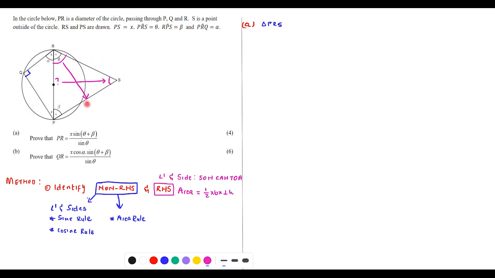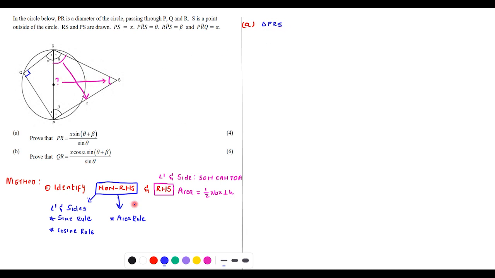And thirdly, for the second side and the angle it subtends, you must know at least one piece of information. For example, in this case, we know that R1 has x, that is fine, and now I want to find PR. But looking at angle S, I don't have angle S, but I can calculate angle S. So this is enough for me to apply a sine rule.